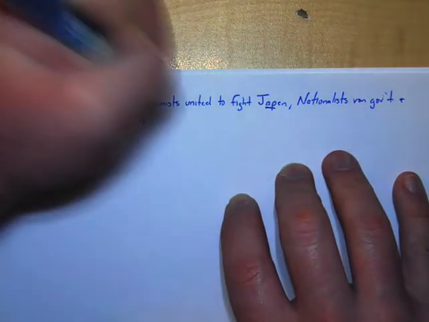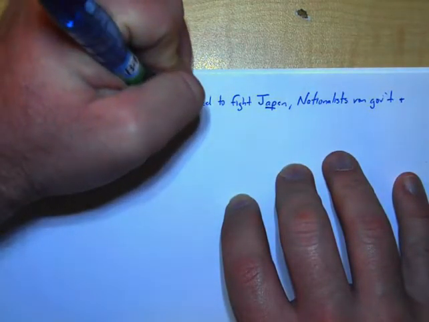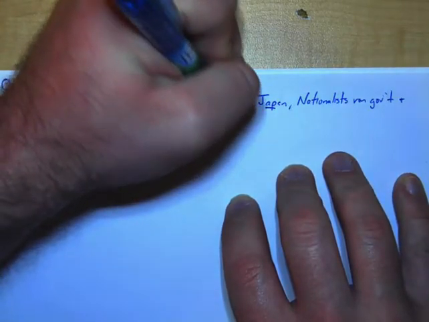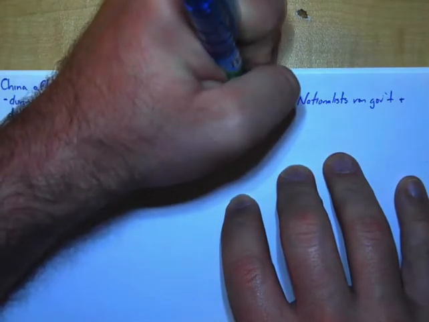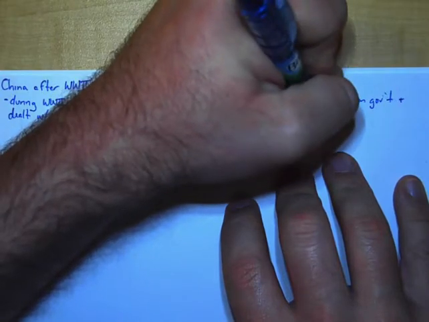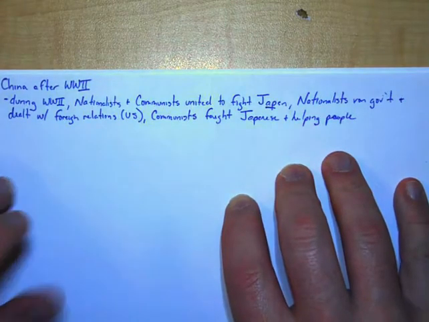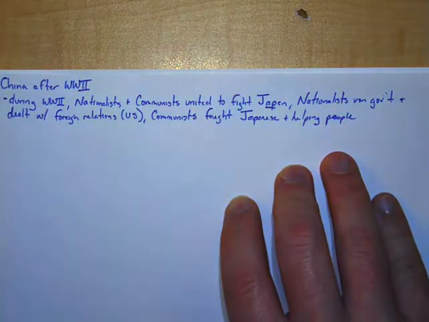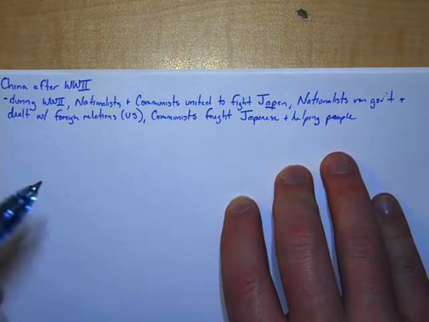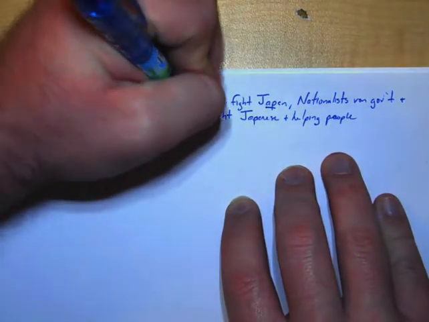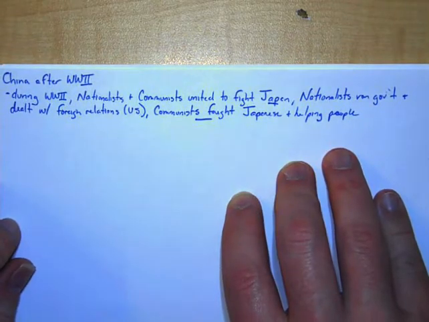The communists were on the ground fighting the Japanese and helping people. So while both of these are important jobs, the nationalists kind of getting American aid and dealing with foreign powers, the communists fighting the Japanese and helping people on the ground, this job was the one that was more visible.